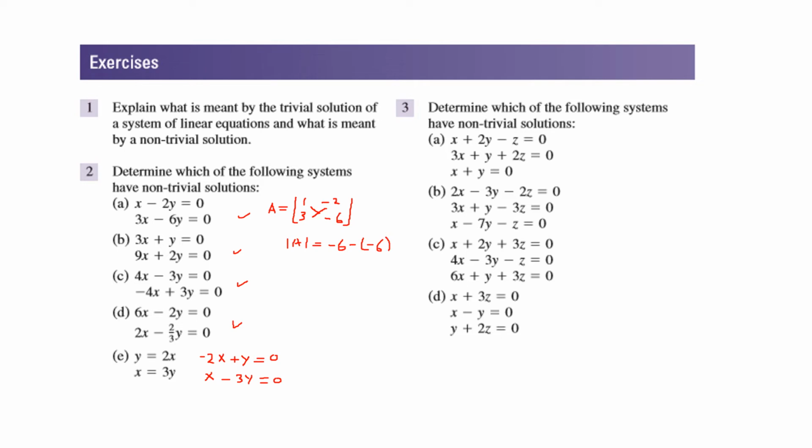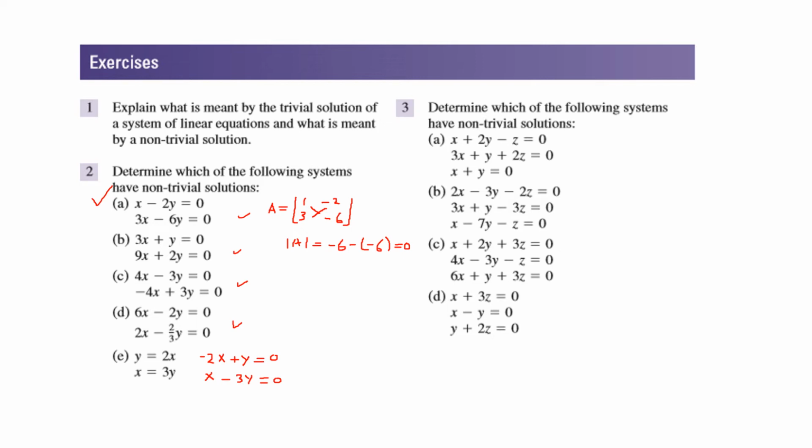So the answer is coming 0. So when the answer is coming 0, it means this has got a non-trivial solution. Well, now I think you will be at expert level.